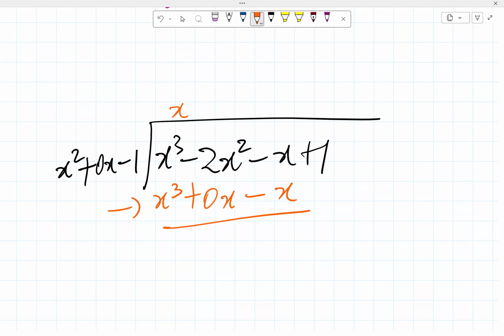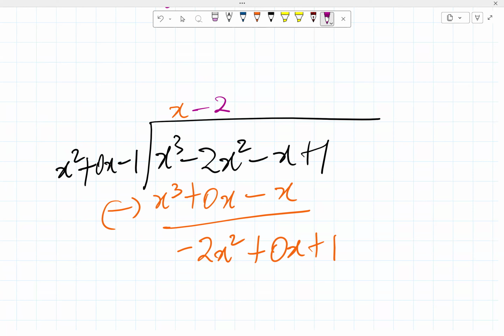And then you subtract. So you have 0, and then minus 2x squared, minus 2 minus 0. Then minus x plus x is 0x, very important. And then you can bring down plus 2. So we go again: minus 2x squared divided by x squared is minus 2.